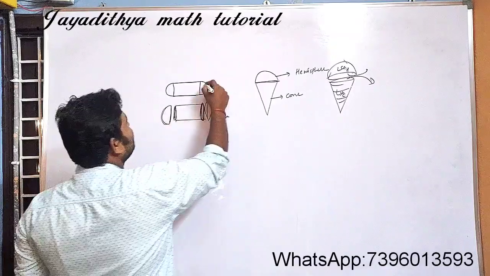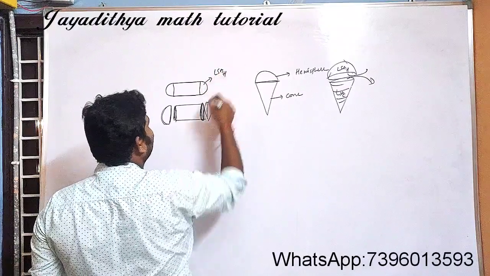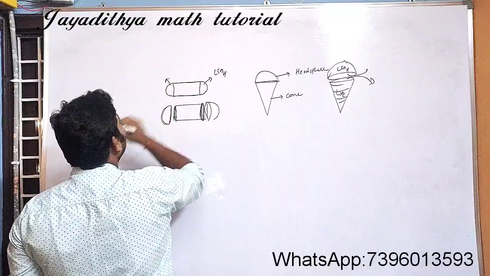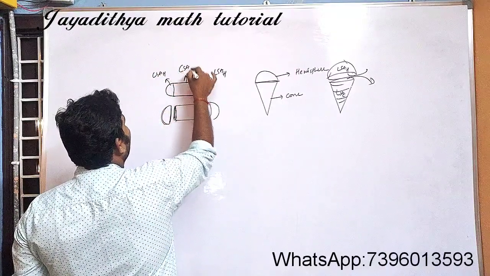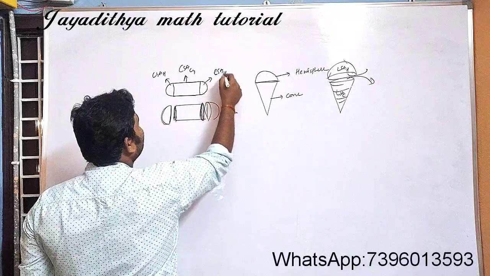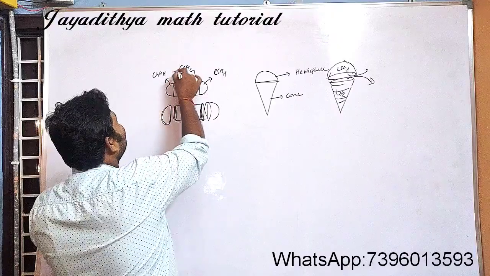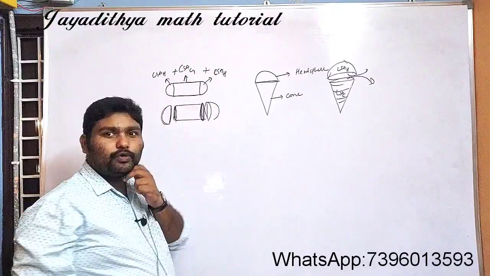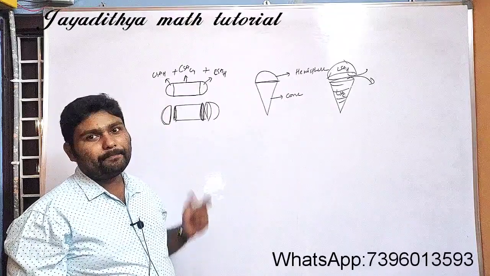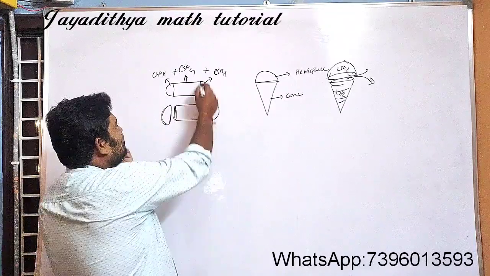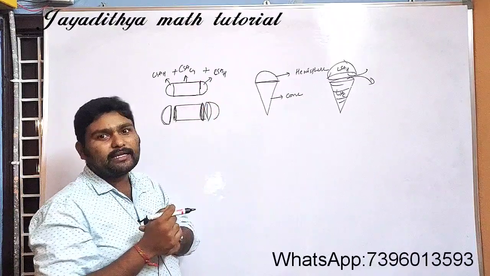Here you need to find the CSA of the hemisphere, the CSA of the other hemisphere, and the CSA of the cylinder. You should add only those three curved surfaces, then only you will get the answer. See here, the radius of the cylinder and the radius of the hemisphere are equal.